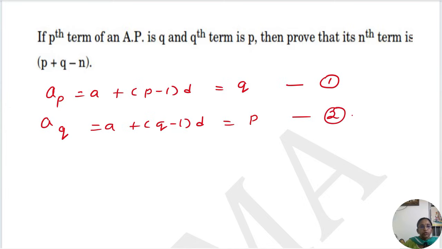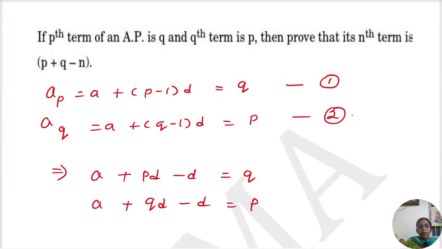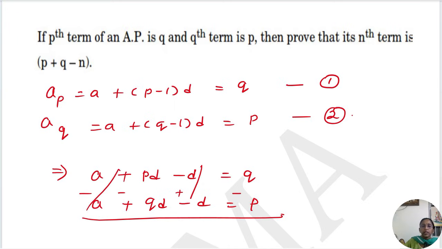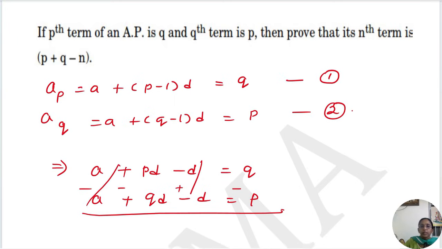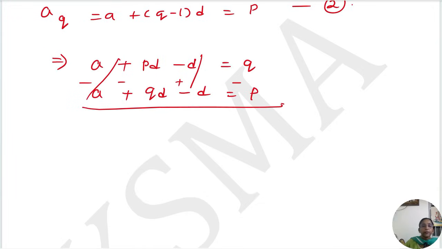So this is our second equation. Solving these two, for the first equation, a plus pd minus d is equal to Q, and for the second equation, a plus qd minus d is equal to P. Now do your subtraction, changing the sign. So a and a will get cancelled, and from the d terms take d outside.